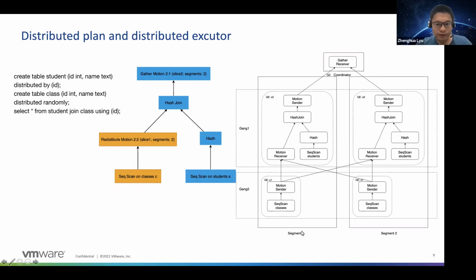The yellow slice scans the classes table and then sends it via motion to the blue slice. The blue slice scans the students table and receives from the motion, then does a hash join. Then it sends data to the coordinator via gather motion.